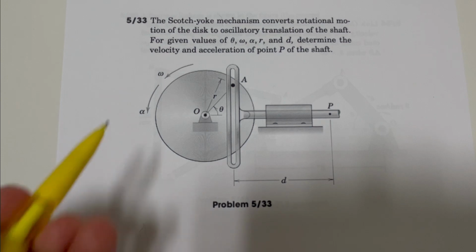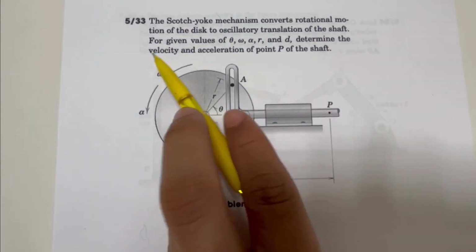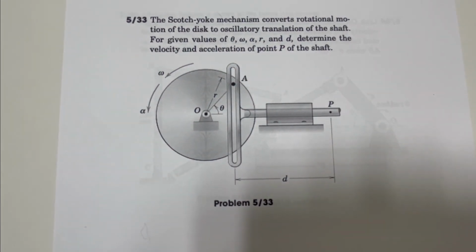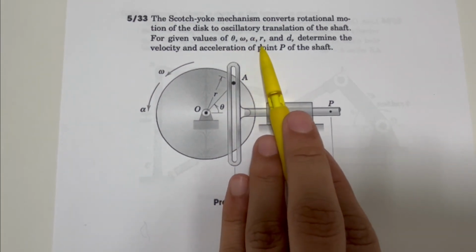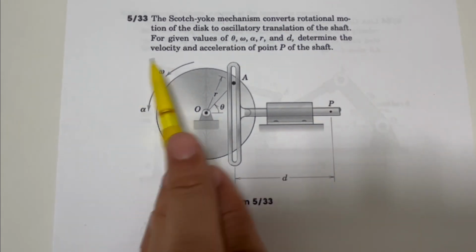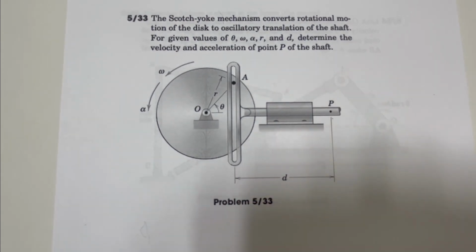The problem says the Scotch-yoke mechanism converts rotational motion of the disk to oscillatory translation of the shaft. For given values theta, omega, alpha, r, d, determine the velocity and acceleration at point P of the shaft.